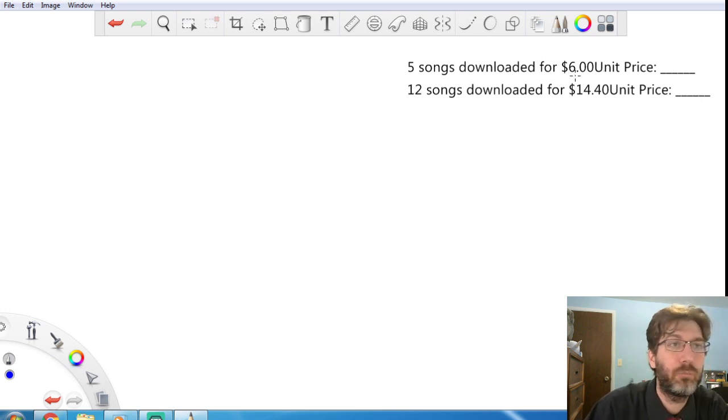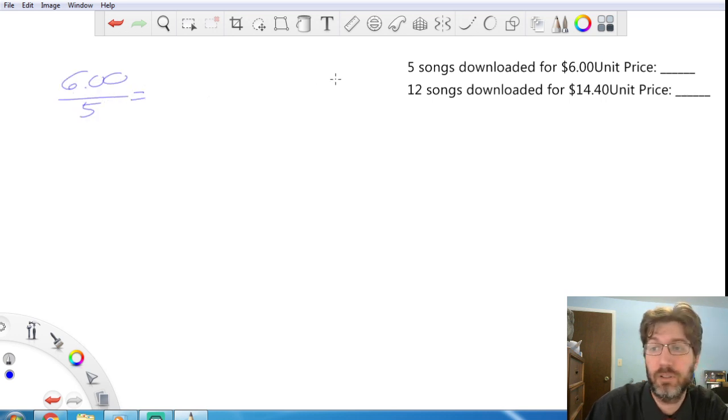Okay, you want money on top because you're comparing prices. So you're just going to do $6 divided by 5. That's going to give you your unit rate. Those are more of reference numbers.